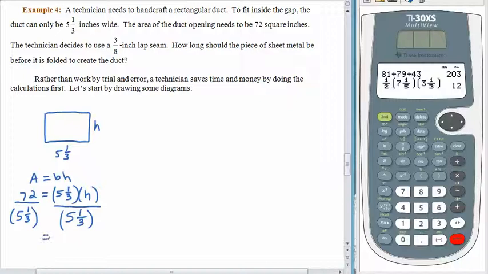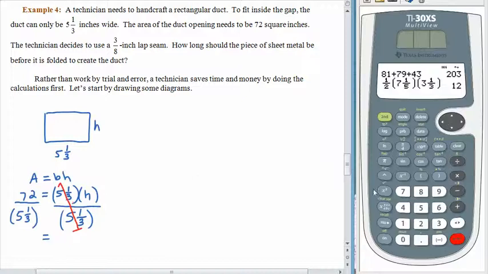But you should learn how to use your calculator, so we'll do it this once so you can see. The most important thing is to make sure that you're holding that value in parentheses, that you're going to divide both sides by 5 1/3 as a single unit. So 5 1/3 over 5 1/3 is equal to 1.